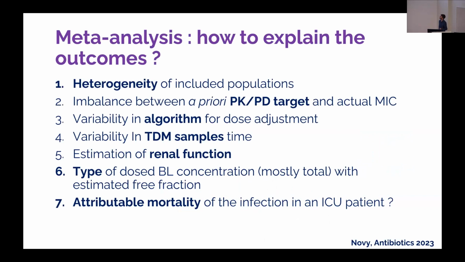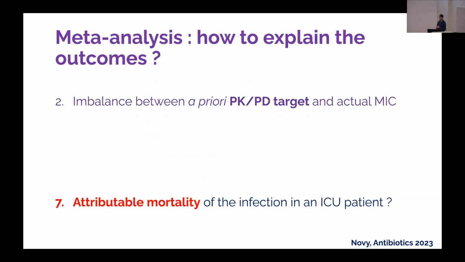So how to explain the outcome in the meta-analysis, especially the non-significant decrease in mortality? There was a lot of heterogeneity concerning the included population, the PKPD target, as well as the algorithm and TDM sample. But once again, if you have to choose two main things, I can suggest the difference of PKPD target, because most of them chose a high PKPD target based on a worst case scenario, which is quite hard to attain.